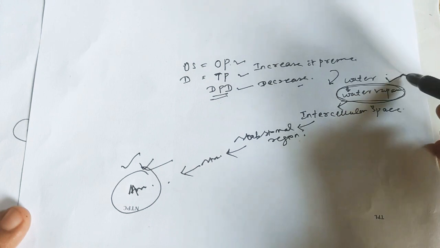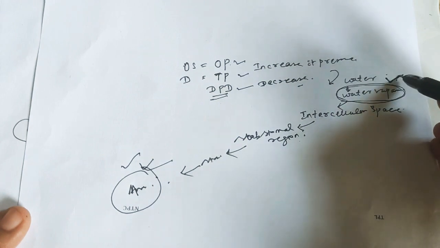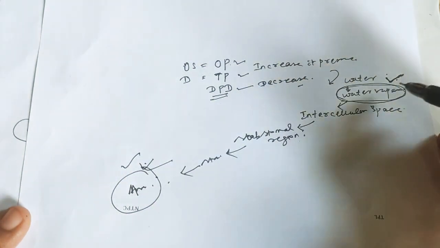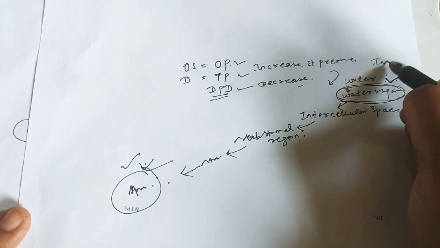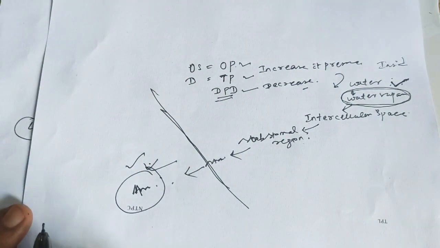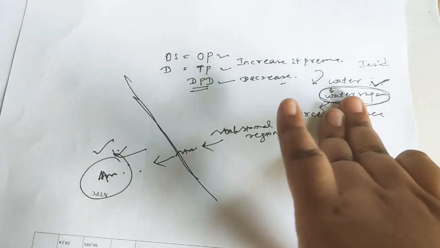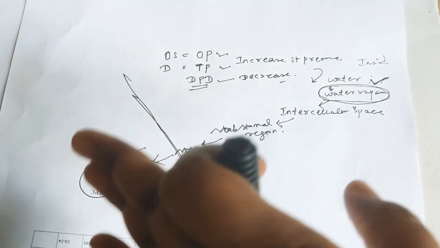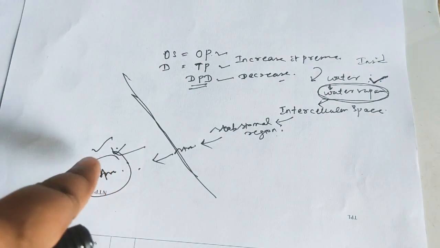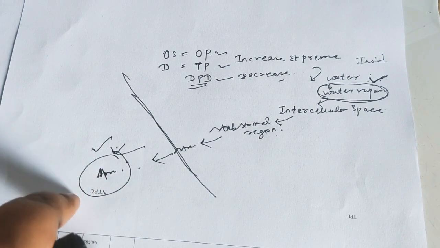Inside the cell the water vapor percentage is more than in the atmosphere, so it automatically moves to the atmosphere. That means atmospheric water vapor is very low.